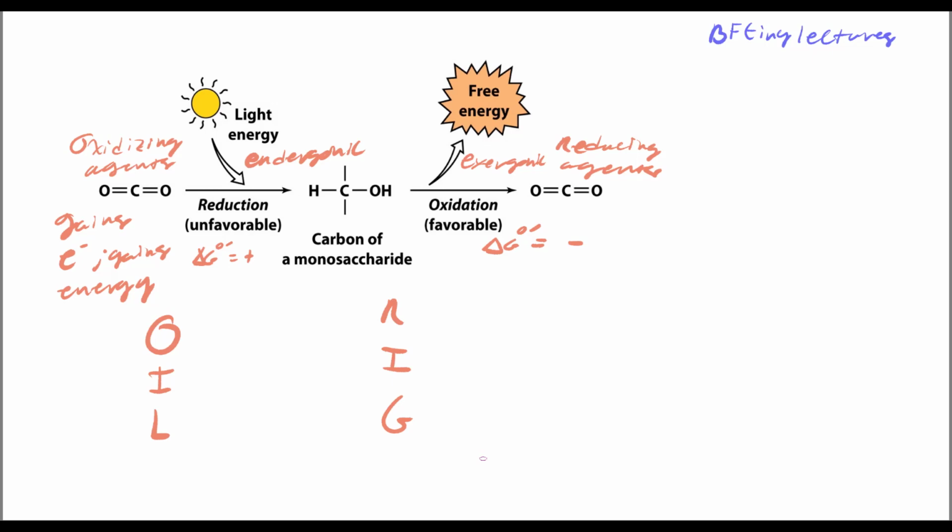They're all positive. But if we combine them together, overall, they would give us a product that is spontaneous, that is negative, right? So if I add all my non-favorable reactions, I will produce a reaction that is favorable, that is negative. Okay? So yeah, there you go.